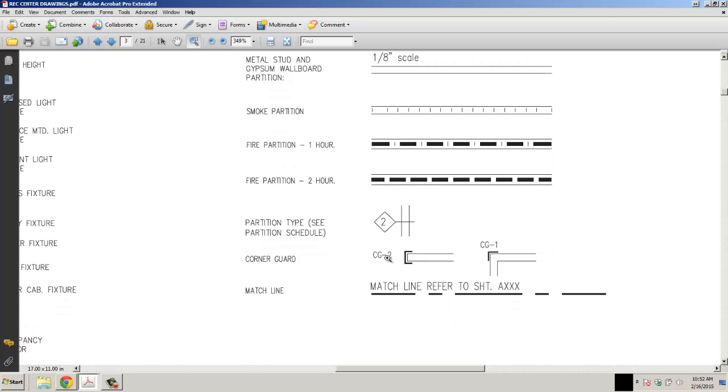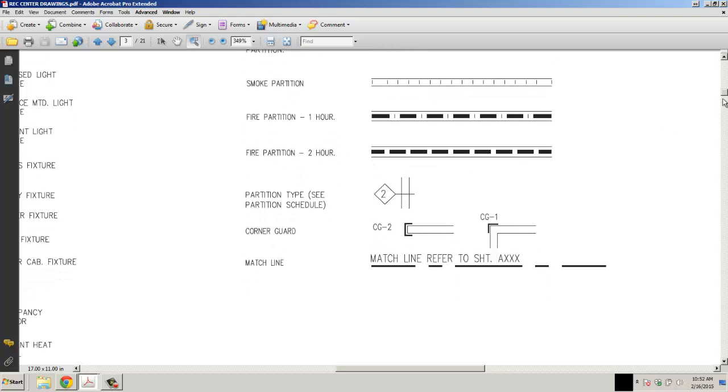Even things like CG2 and CG1, these are corner guards which are there to protect the wall partitions from carts being banged around and that type of thing. And this symbol here would indicate a partition type, which is on the partition schedule. So if you see a line going through the wall with a diamond shape and a number, and you go look at your partition schedule, it would tell you what type of wall construction that is in the drawing itself.